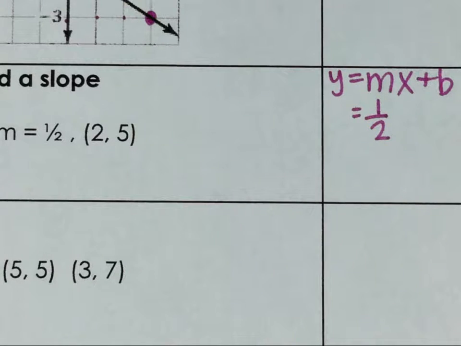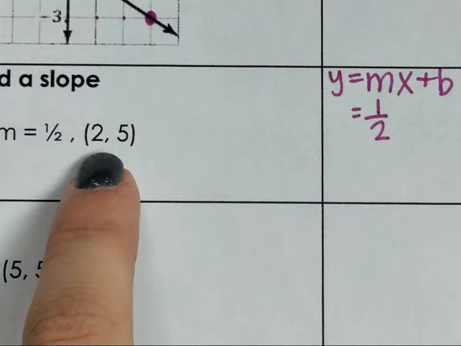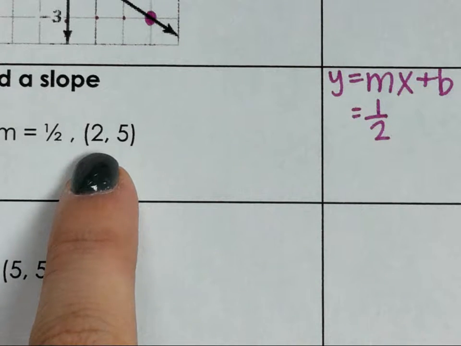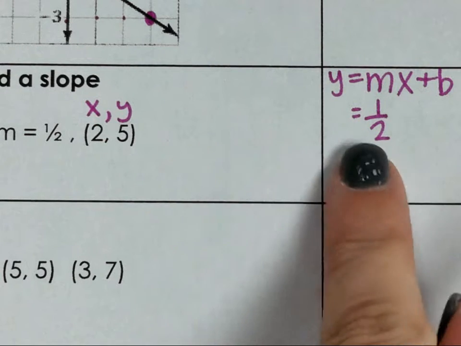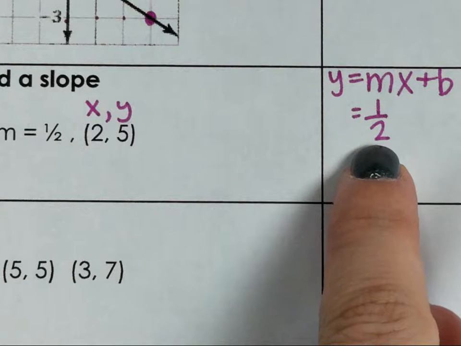So m is 1/2. All right, so if I look at this point 2, 5, that's x comma y, right? So my x is 2 and my y is 5. So I'm just going to plug in x and y into my slope-intercept form.